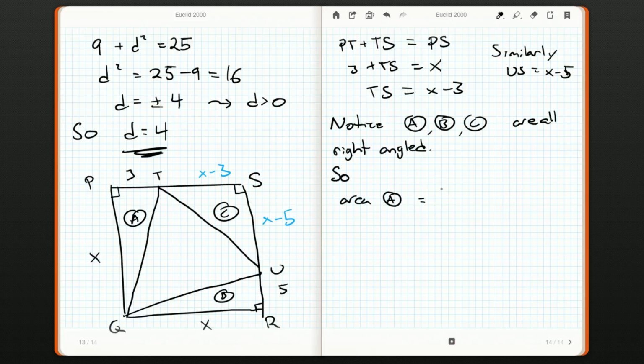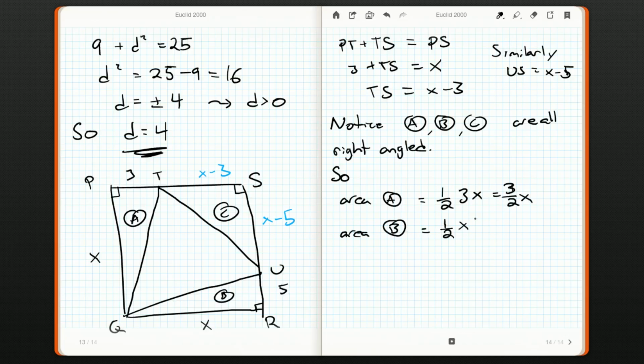So the area of A, it's 1/2 base times height. The base can be 3, and the height can be x. So that's 3/2 x. The area of B can be 1/2 base times height.